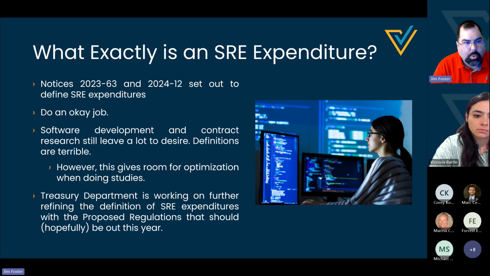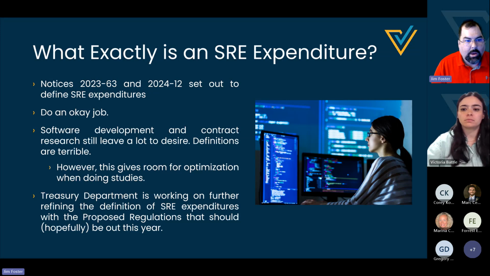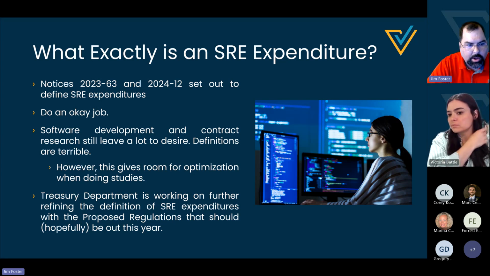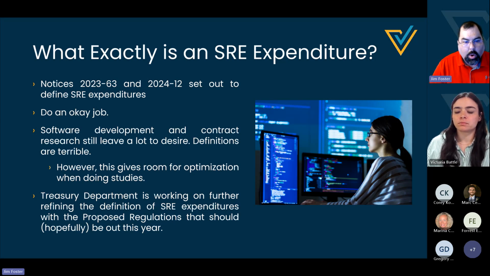As a matter of fact, Notice 2023-63 was so poorly defining what contract research was that they came out with 2024-12 after just a few months and tried to clarify it further. It just muddied the waters even more. It's not very good. That, however, gives us room for working within the framework that they provided, and there's a lot of room for optimization there because you can work to define what is reasonable.